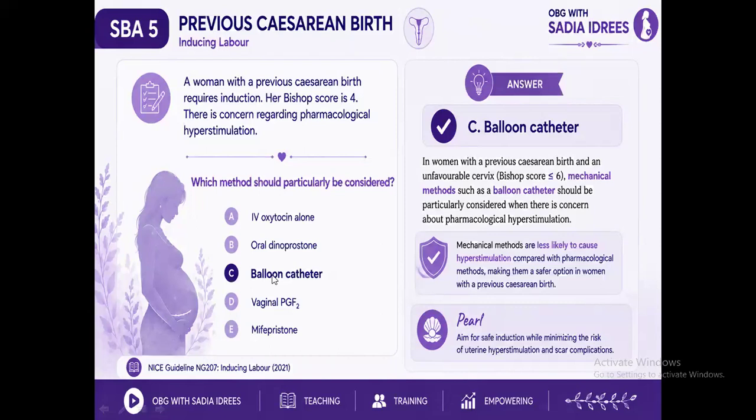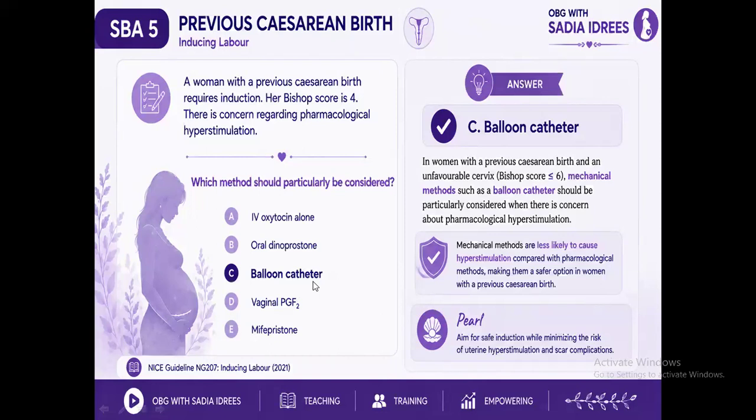Prostaglandins can cause uterine hyperstimulation, and some preparations have restrictions or contraindications in women with a uterine scar according to their product information. So, mechanical methods such as balloon catheter do not produce pharmacological uterine stimulation in the same way. That makes a mechanical method particularly relevant when pharmacological methods are unsuitable or there's concern about hyperstimulation.